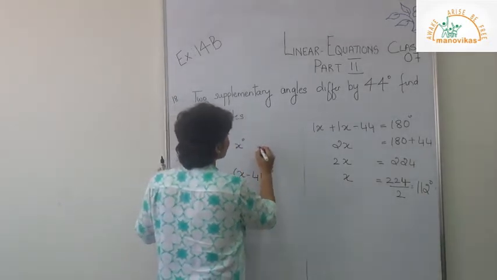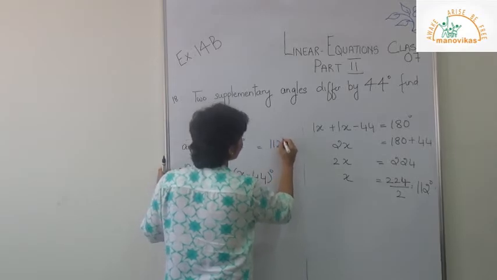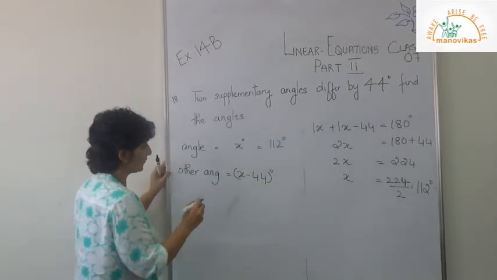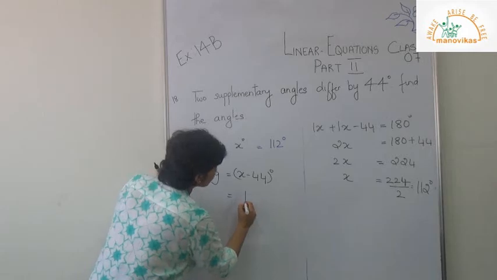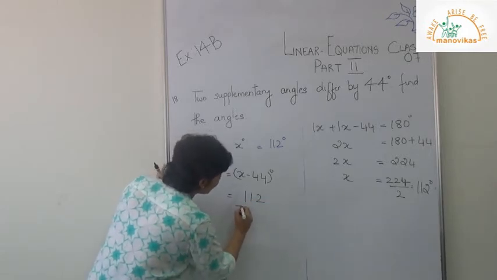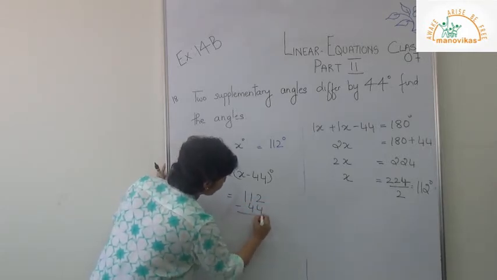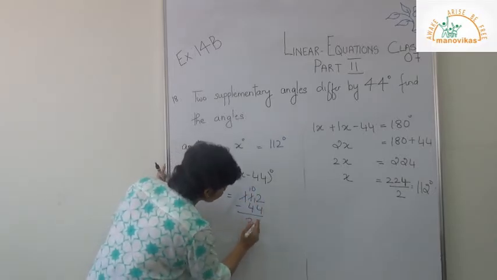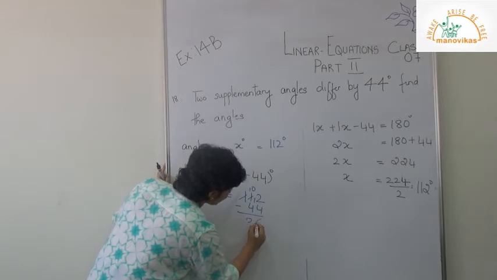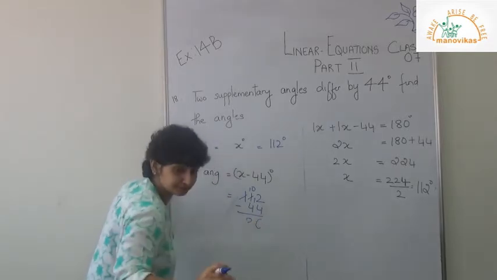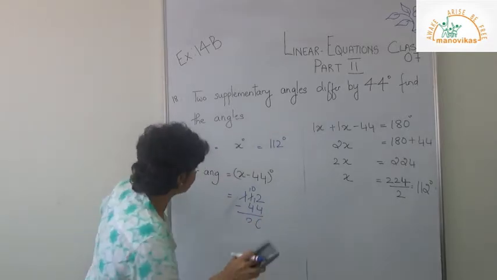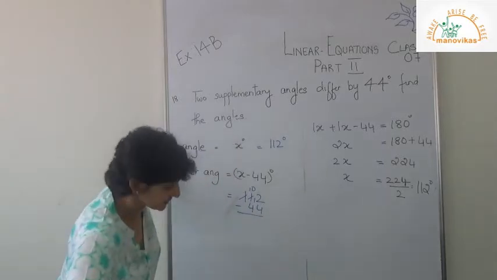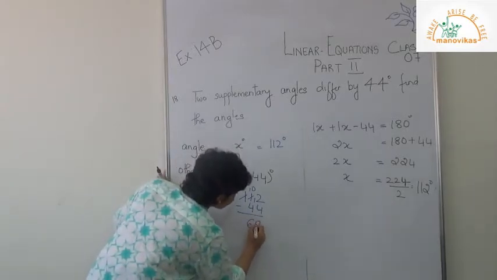So I found this. This is equal to 112 degrees. So how to find out this? You know this is 112, 112 minus 44. Will I borrow? What do I get? 4 will give me 8 here, and 6 here. 68 degrees.